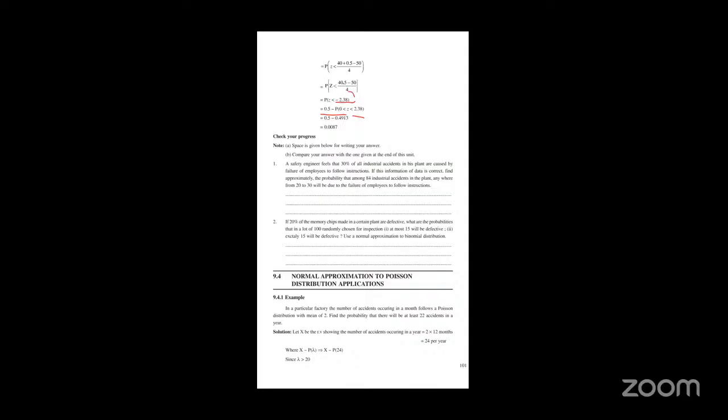We can convert the minus into positive here. When we calculate this value, it is 0.4913. So 0.5 minus 0.4913 is 0.0087.